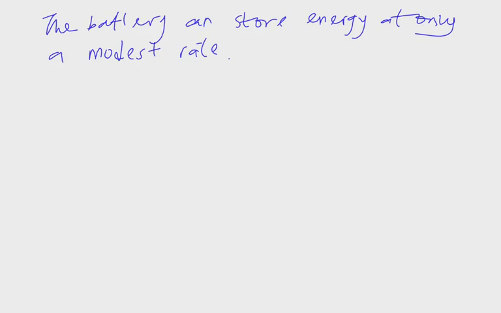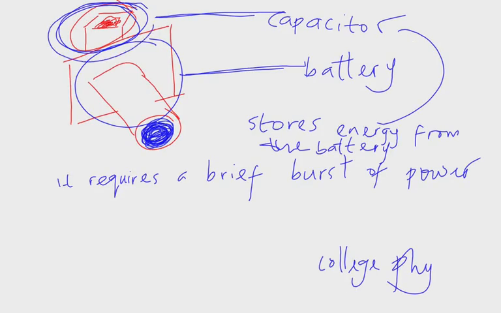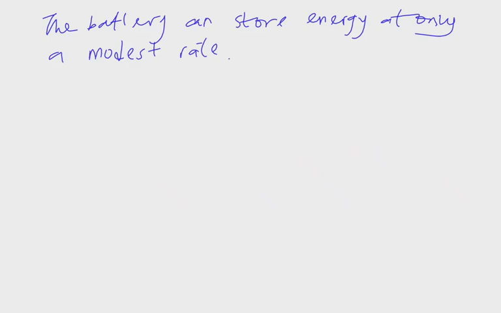That rate is too slow for the photo flash unit to emit a flash of light. So the kind of ability that the battery has is not enough to power the flashlight. Therefore, there is a need for another device, a capacitor, to power the flashlight.